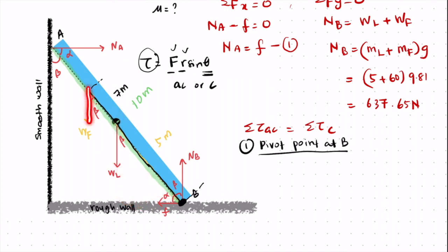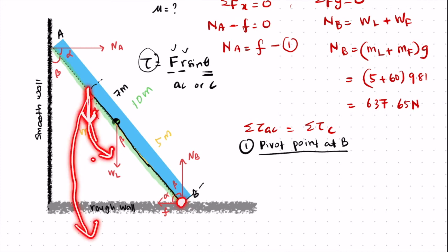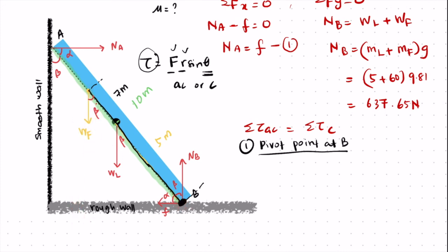The same goes for the second torque. When the force pushes the beam or the ladder, this is the axis of rotation, then it will rotate this way. And for W here, the rotation is anti-clockwise. Then torque L and torque F are also anti-clockwise.